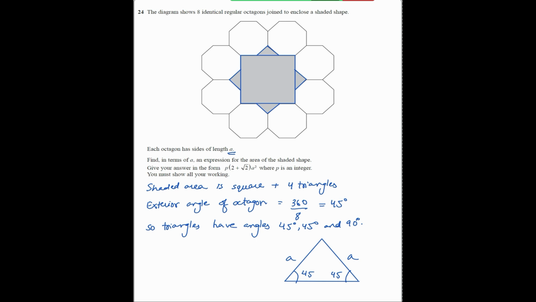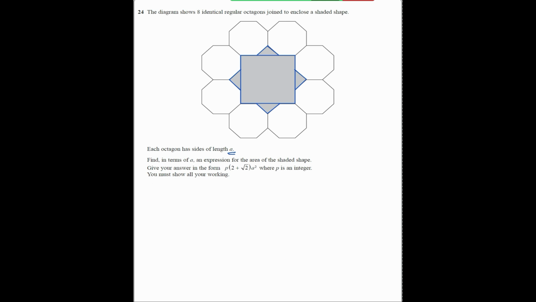And here we have a 90-degree angle. Next, we have to find the length on the triangle using Pythagoras' theorem.